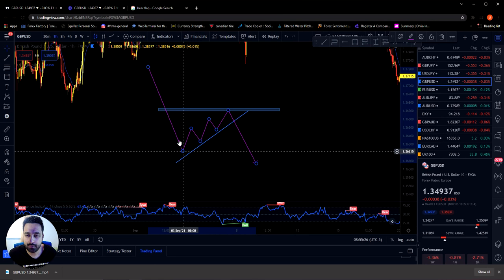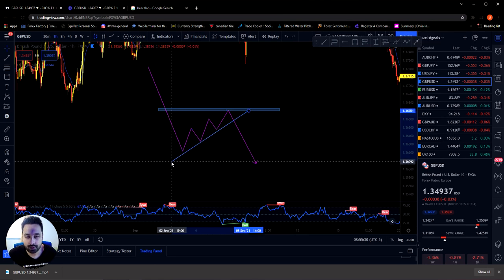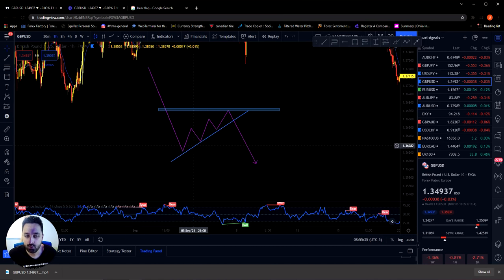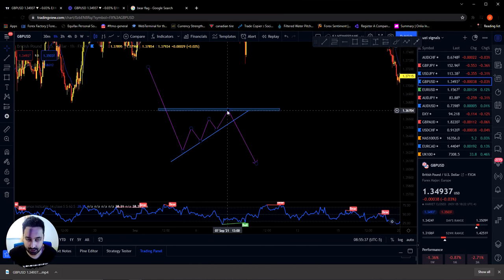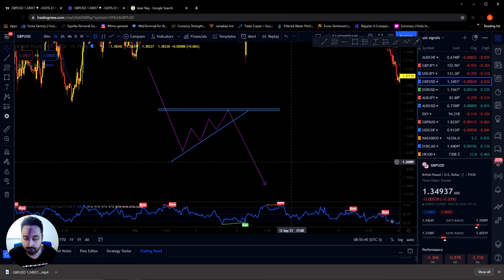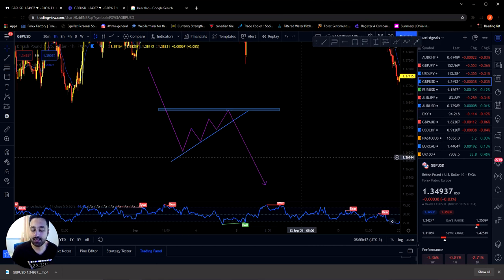Once you draw it out, I use the trend line just as a visual representation for myself to know, okay, we are in a bear flag. When price pushes up into my supply zone, I'm entering this trade, because the chances of it breaking down like this are very high.